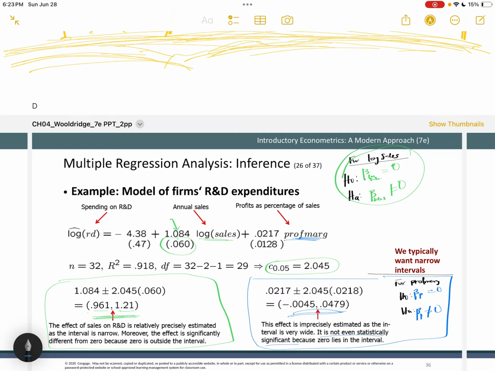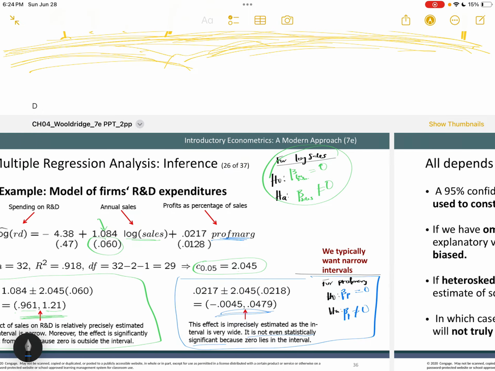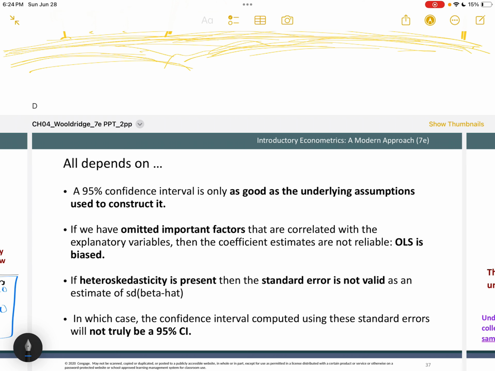So that means that it is not statistically significant. This interval is wide, or is wider than it should be. To reject H naught, we need narrower intervals, and we want 0 to not be in the interval. You see? Okay.